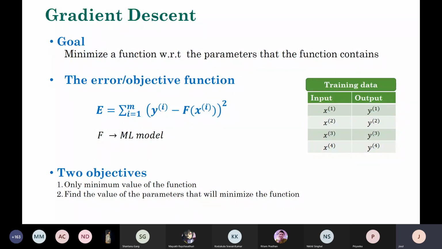So you have an input, which could be some d-dimensional feature vector, and you have an output. The output is basically a class label or a regression value, whatever. And basically we define the error function based on this entire set. Okay. And so your objective is to find the minimum value of the function and also the parameters which are minimizing this value.